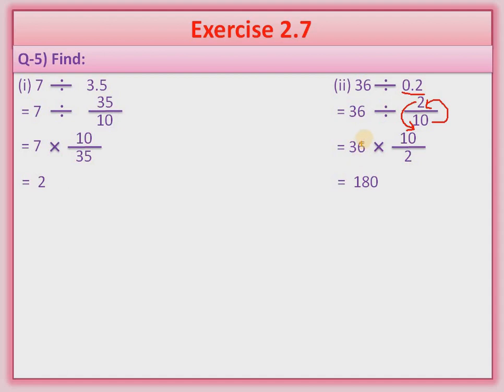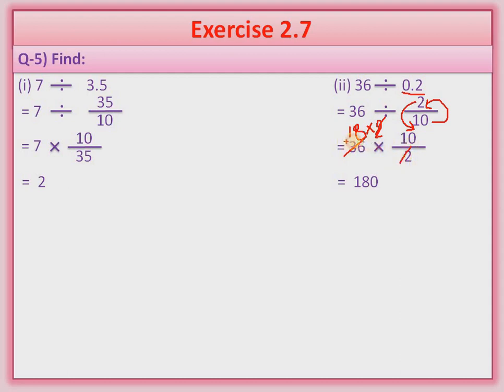Look at this side. You must know the tables of 1 to 20, right? 18 2s are 36. Can I write that instead of 36? Yes, of course. These 2 and these 2 will be cut.